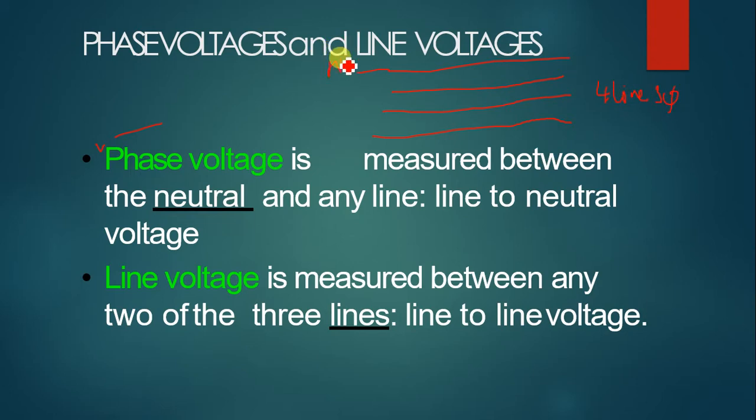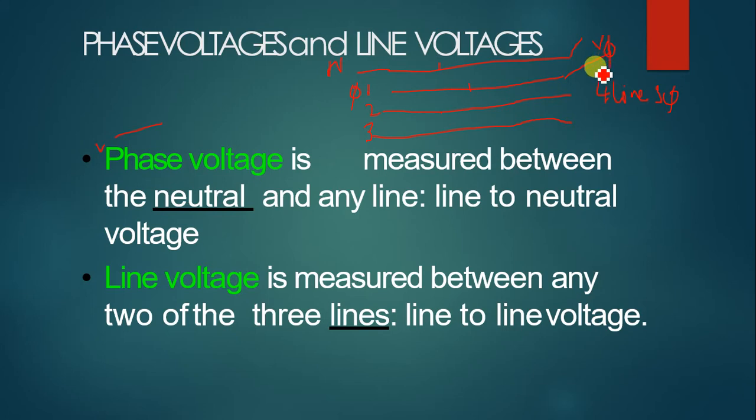We have neutral on top, and you have phase 1, 2 and 3. If we measure the voltage between neutral and one phase, or neutral and the second phase, or neutral and the third phase, that is called phase voltage.